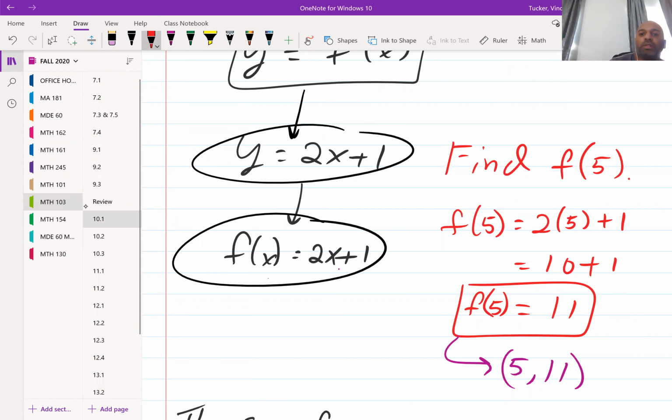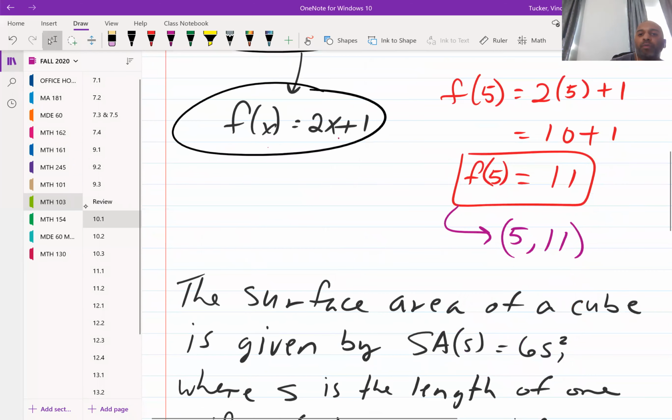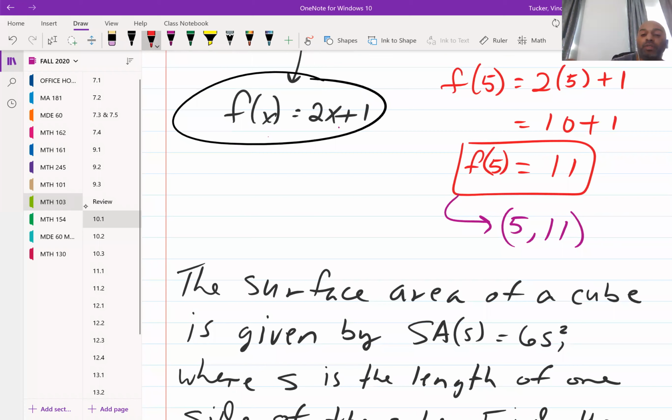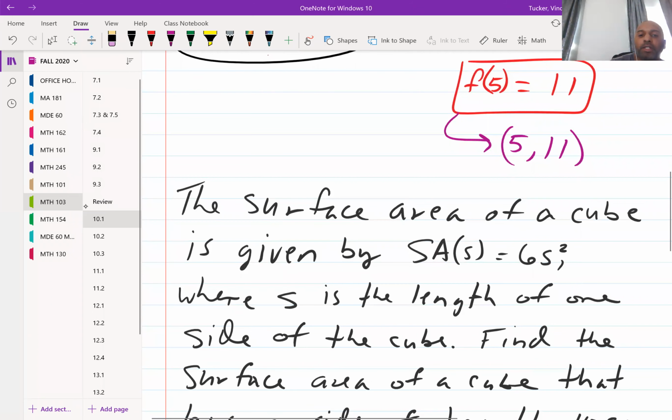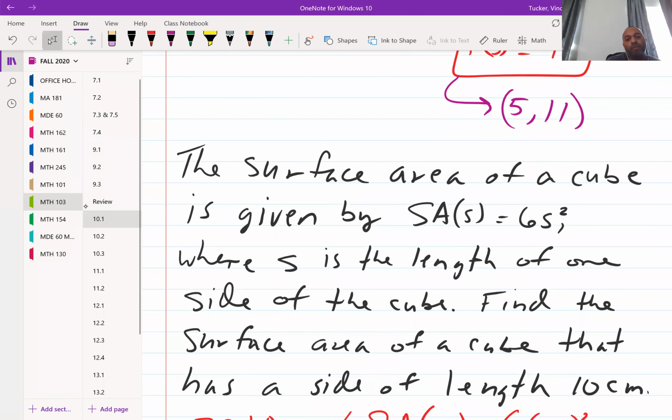All right, scrolling up, we have a mini word problem, but it's still focusing on this concept of function notation. You'll see why in a second. It says the surface area of a cube is given by this function right here, SA of S. I felt like they could have notated it better, but that's what it gave you.